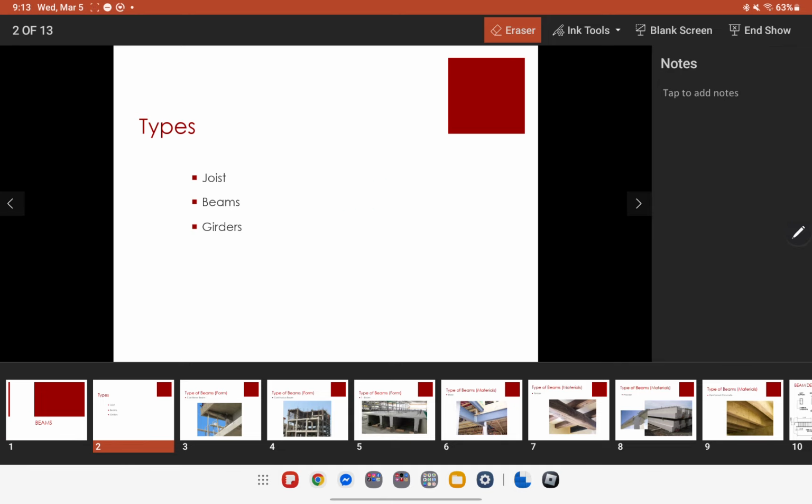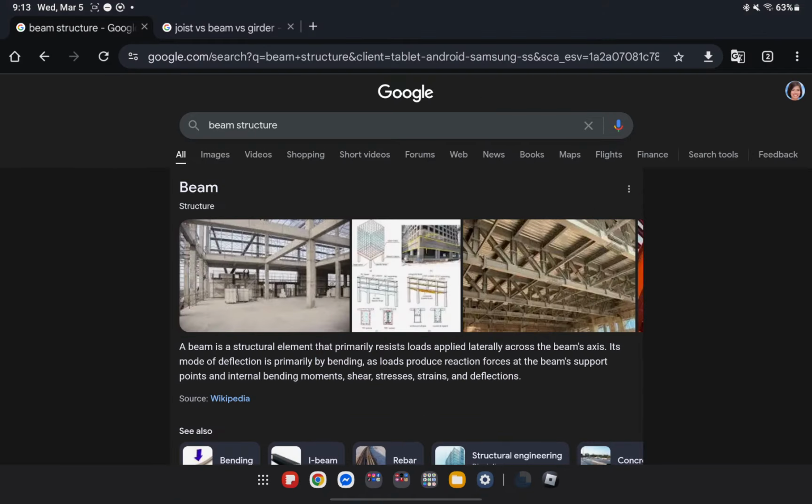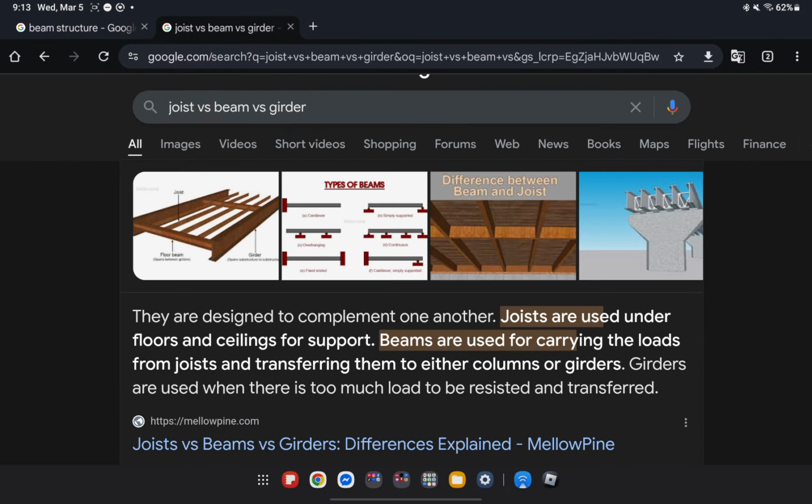So what are the different kinds of beams? You have joists, beams, and girders. So how do you differentiate the three? A joist is used under floors and ceilings for support.